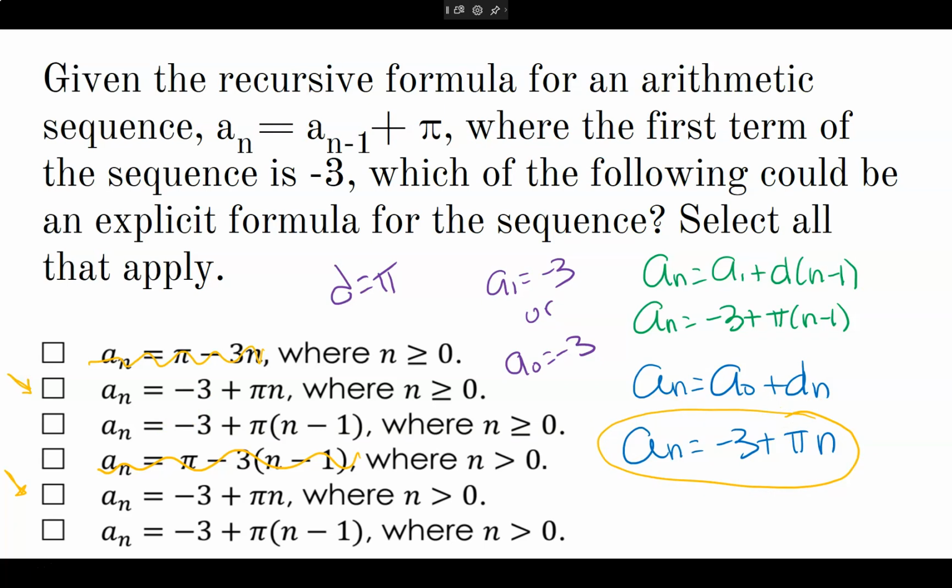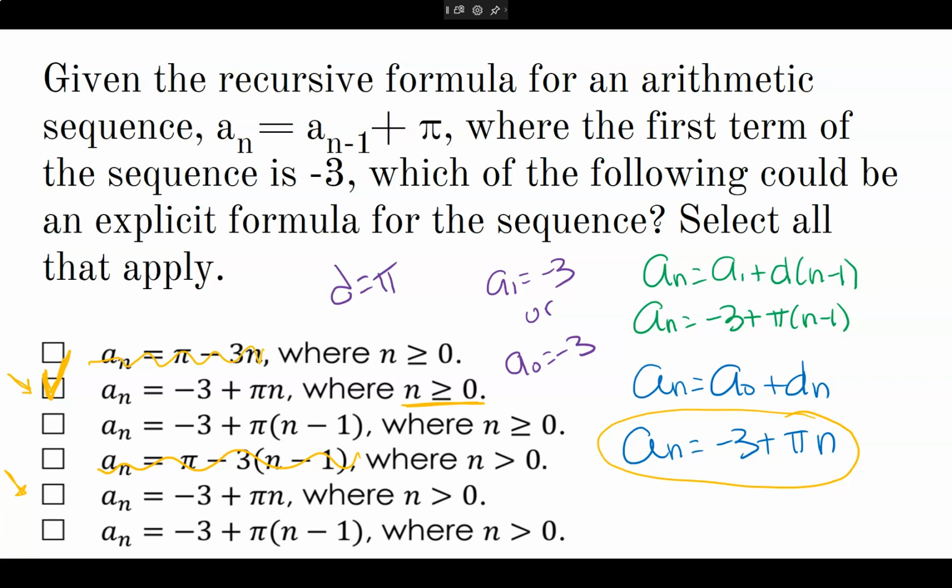A sub 0. So can n equal 0? Yes. So which one of those is the correct choice? The second one or the last one? The second one. Good. This guy, because this is representing when I use a sub 0 as my first term. That's the explicit formula when it's a sub 0.